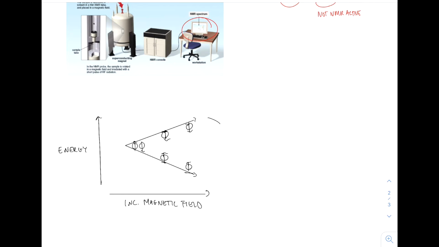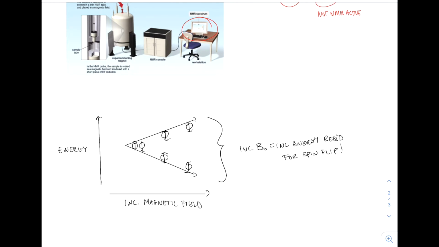So what we have here is increasing magnetic field, B naught, which means an increase in the energy required for the spin flip.